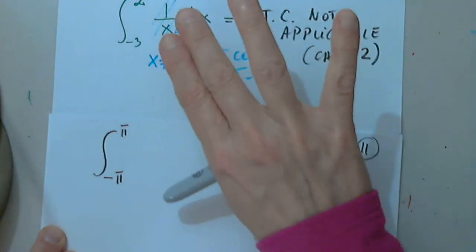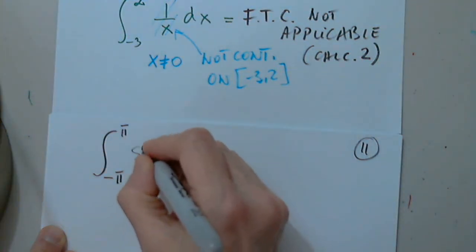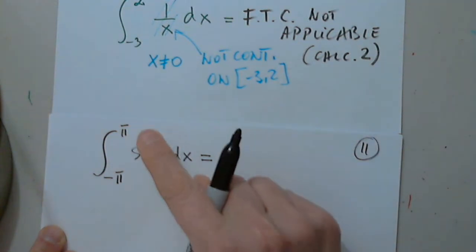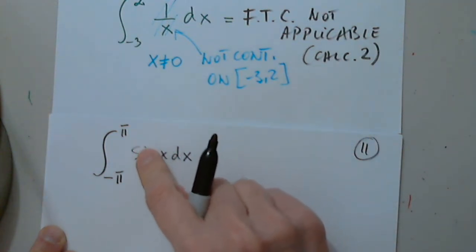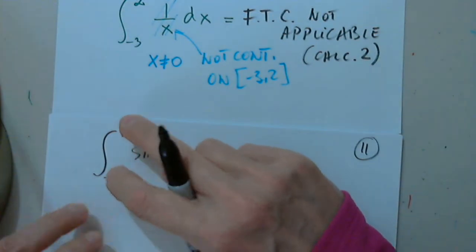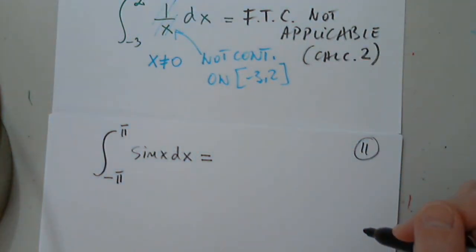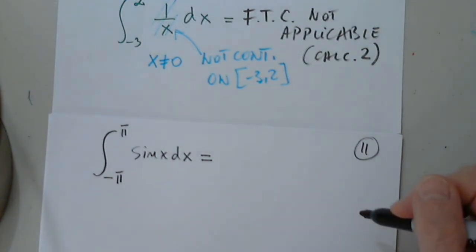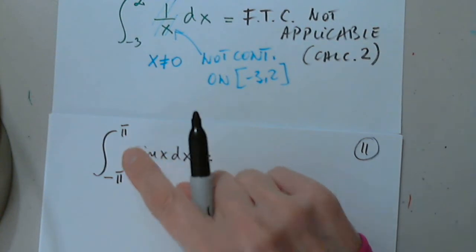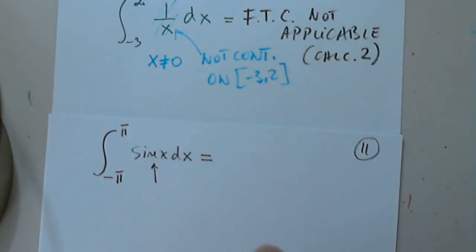So first you check that the function is continuous, and if you have a symmetric interval, then you check whether the function is odd or even. Only when the interval is symmetric. If the interval is not symmetric, like -3 to 2, you don't have to check anything. I mean the odd or even. But if the interval is symmetric, you will always check whether the function is odd or even. Is it odd or even?